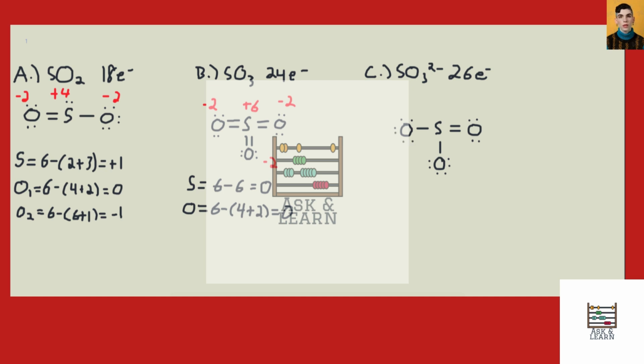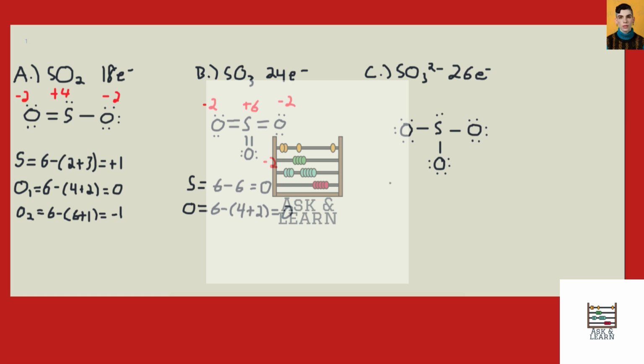So 1, 2, 3, 4, 5, 6, 7, 8, 9, 10, 11, 12. So we're missing a pair, so we're going to get rid of this. So 1, 2, 3, 4, 5, 6, 7, 8, 9, 10, 11, 12, 13.